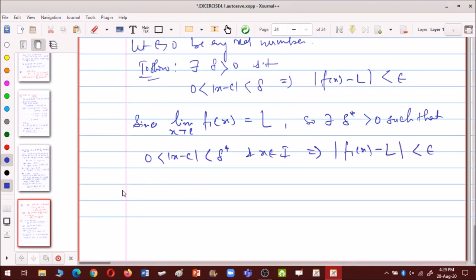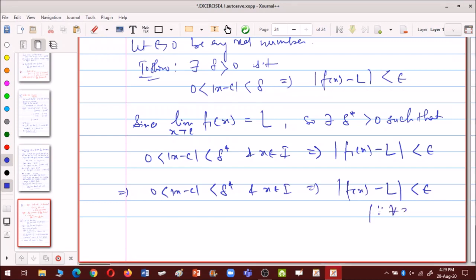Now f1(x) is equal to f(x). So this implies 0 less than |x minus c| less than delta star and x belonging to I implies |f(x) minus L| is less than epsilon, since for all x belonging to I, f1(x) is equal to f(x).